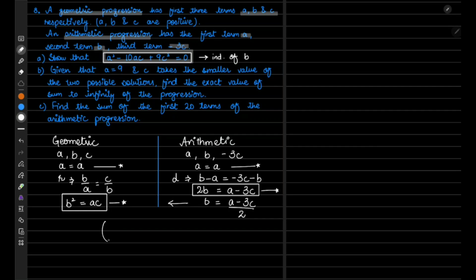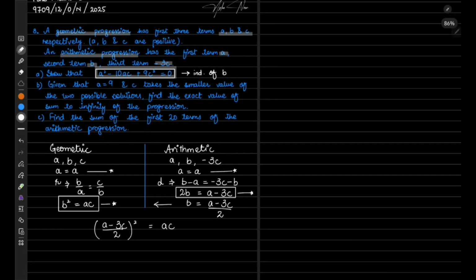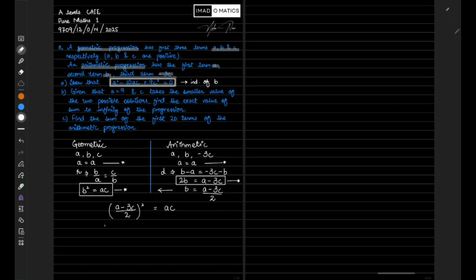So that will give you (A minus 3C over 2) square equals AC. Now solve this further. Squaring it, A square plus 9C square. I'm applying the formula (A minus B) whole square, minus 2 times A times 3C, so minus 6AC over 4 equals AC.